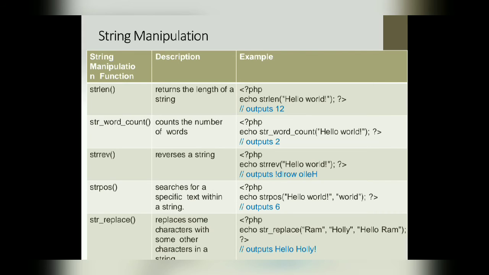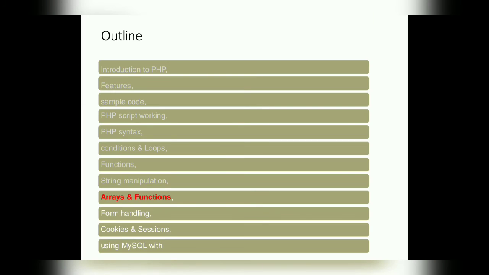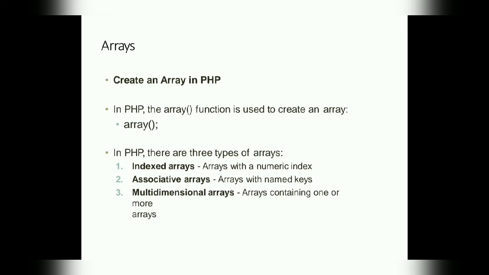Then str_replace, it replaces some characters with other characters in a string. You can give the previous word and the word to replace it with. Okay, so here in the example I have provided echo str_replace. The str_replace format is str underscore replace.